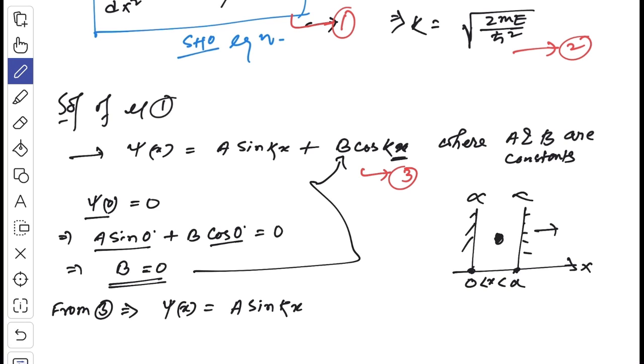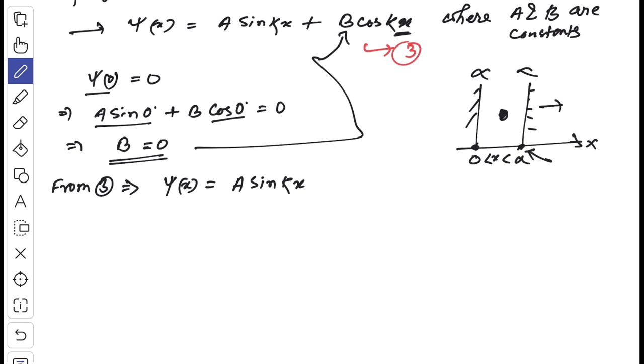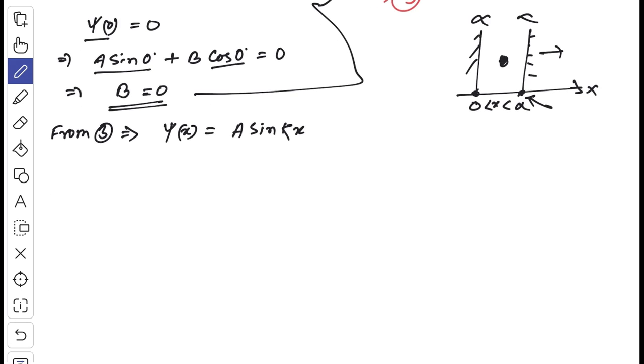Now another condition: at x equal to a also, this particle cannot exist, so psi of a is also equal to 0. Using this equation, psi of a gives A sine ka is equal to 0.